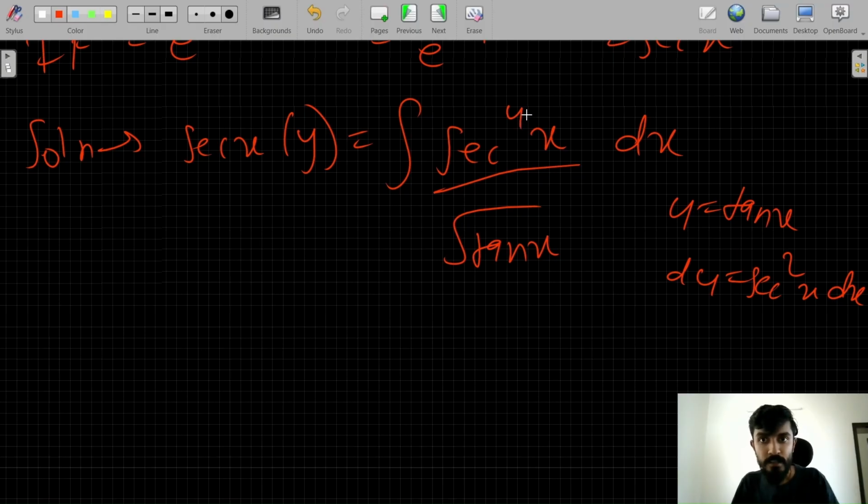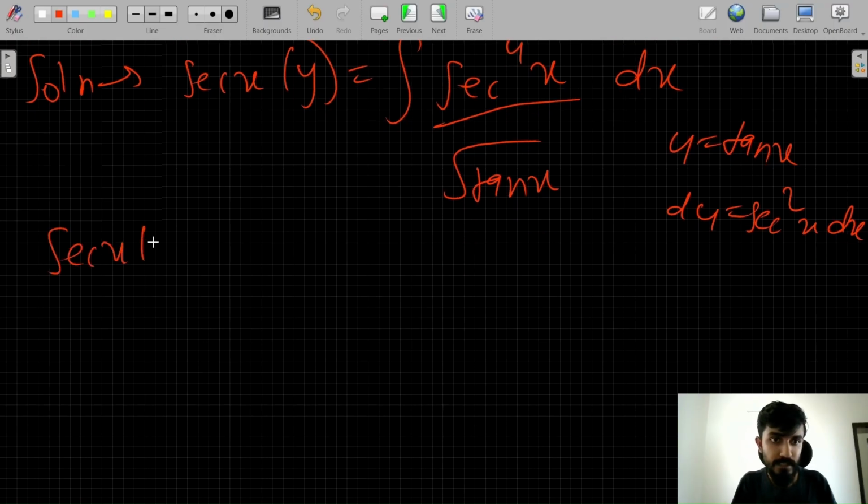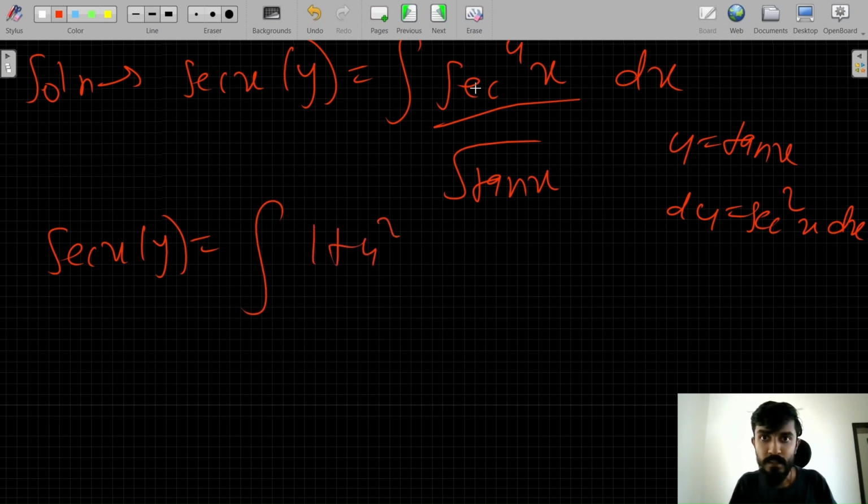The other secant square x can be expressed as 1 plus u square, right? So we have secant x y is equal to the integral of 1 plus u square, this is secant square x. The other secant square x is used up here, du divided by root of u.